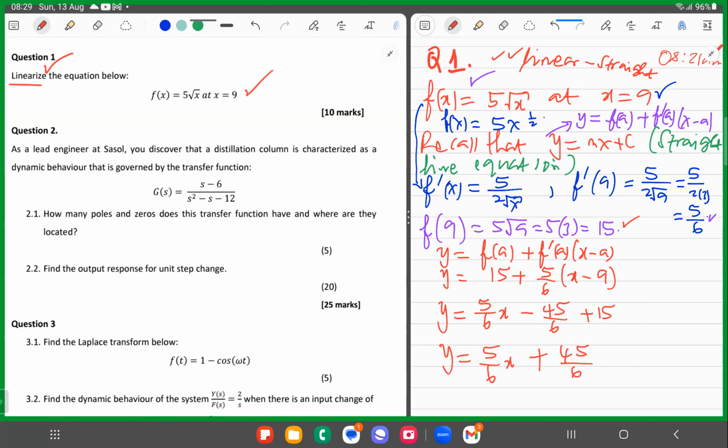All right, and now somebody can say, okay, but this can be simplified, because this is exactly 5 out of 6 x plus 45 out of 6. 3 goes 2 times into 6, but 3 goes 15 times into 45. So this can also be written as 15 out of 2. That becomes the linear equation there.